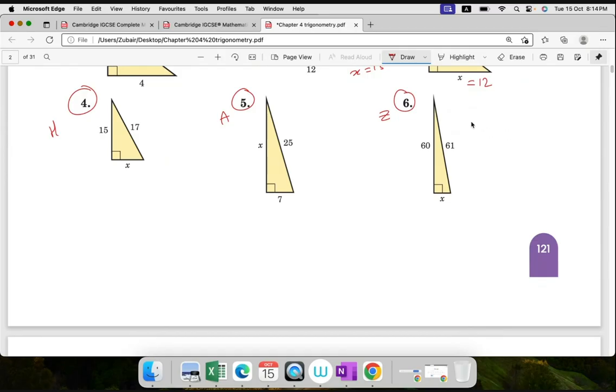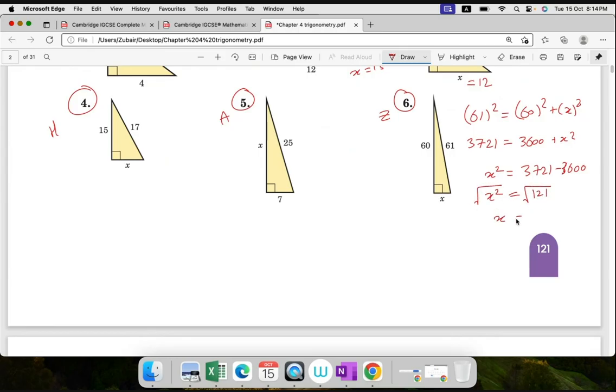And I'll do number 6. 24. 24 is correct. And mine is 8. Haris, 8 is correct.